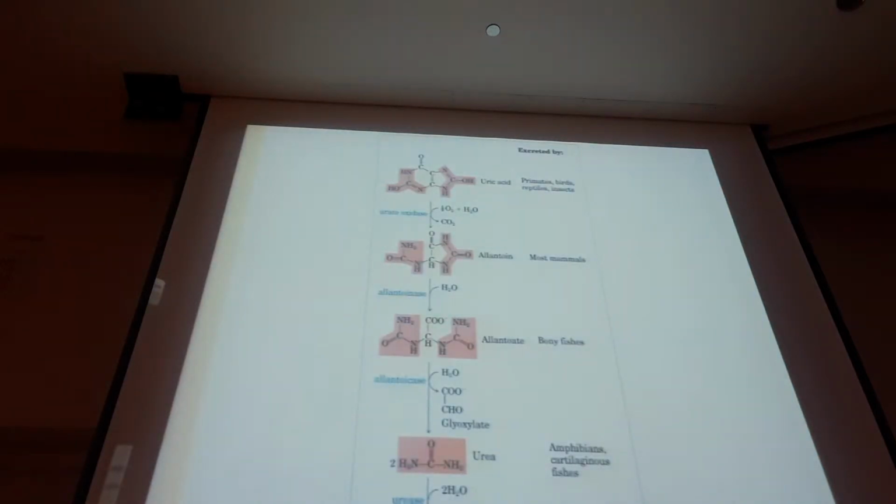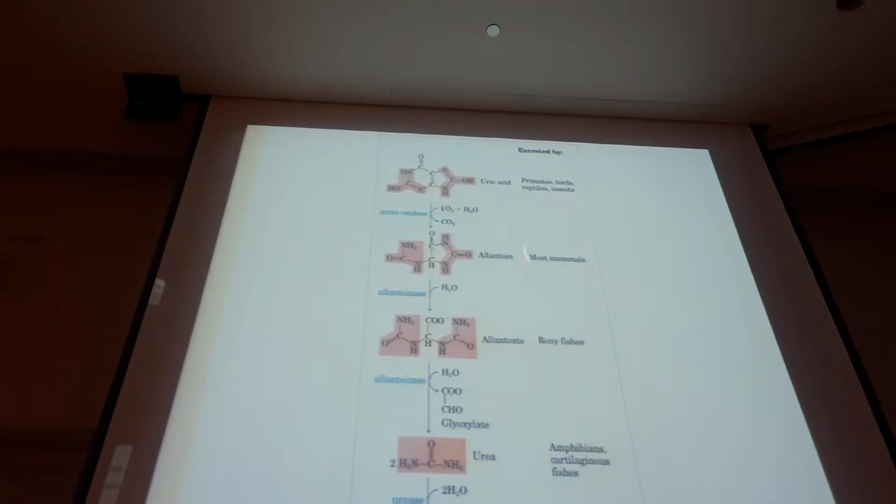Okay, other organisms, let's say, actually release the nucleotide degradation products in different forms also. So we, primates, birds, reptiles and insects, we all produce uric acid.